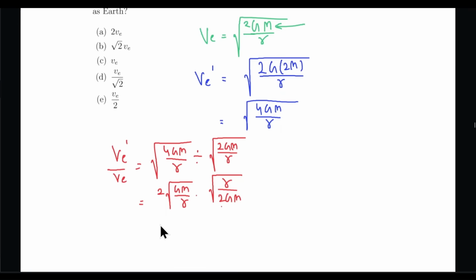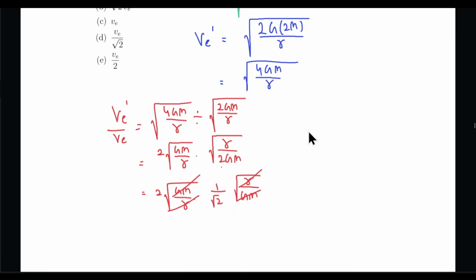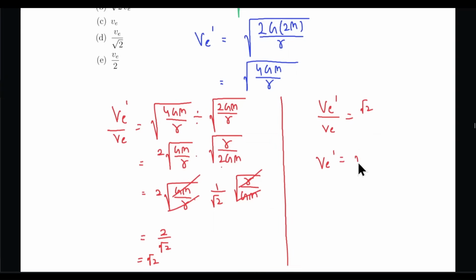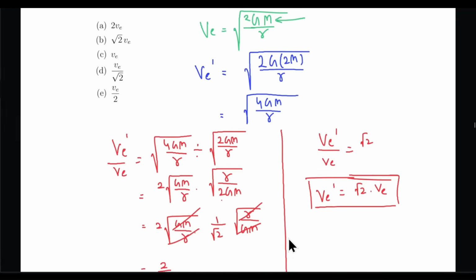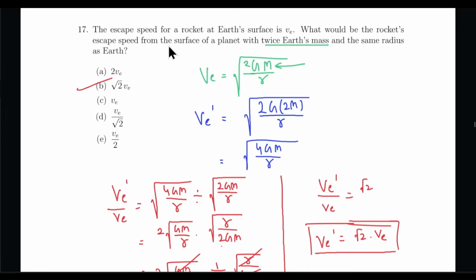The square root can be taken out, so it will be 2 root GM over r times 1 over root 2 times square root of r over GM. Square root of r gone, GM square root gone. So I'm left with 2 over square root of 2, which is square root of 2. So this means that VE dash over VE is square root of 2. This means that VE dash is square root of 2 times VE, which is option B. Yeah, option B should be the correct choice.